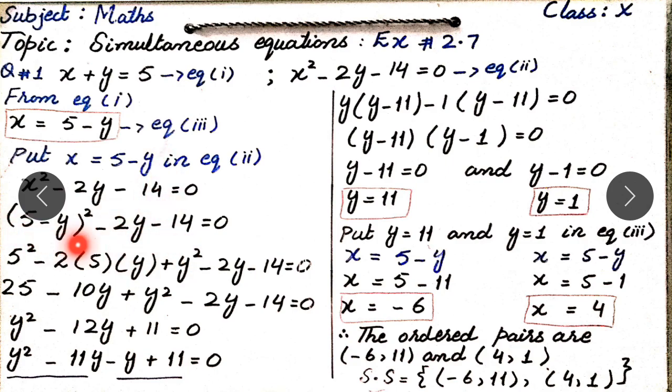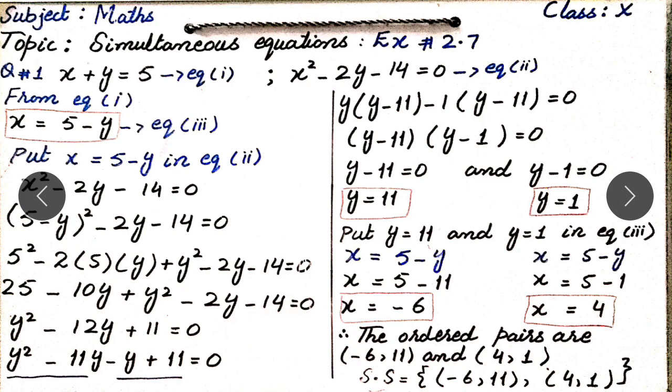Now we can see that 5 minus y has a whole square above it. So we can apply the formula a minus b whole square: 5 squared, a squared, minus 2ab plus y squared, and minus 2y minus 14 are written as it is. So 5 fives are 25 and 5 twos are 10y, then y squared, then minus 2y minus 14 as it is.